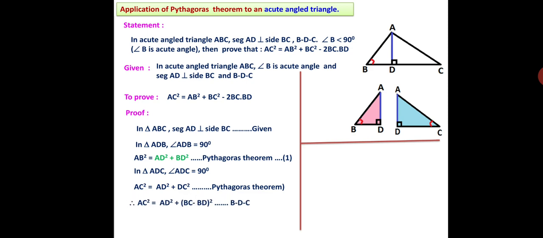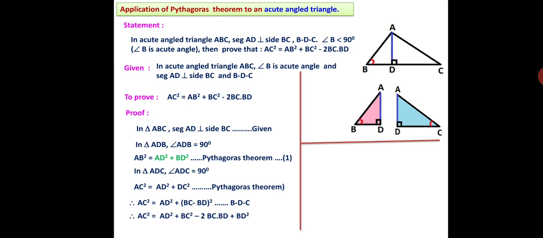So friends, here this DC from the first figure you can write DC is nothing but BC minus BD, since BDC is the betweenness. Therefore the next step is AC square is equal to AD square plus (BC minus BD) whole square.